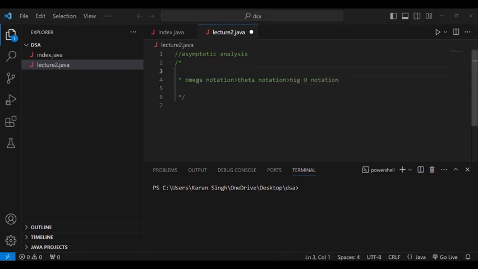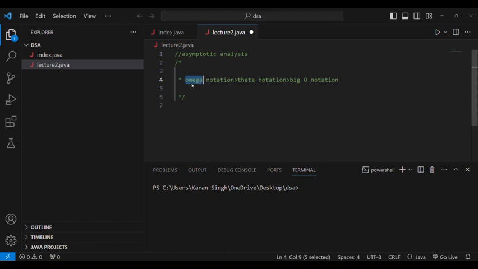We can remember it with a mnemonic: big O means big size, big time. So it takes the last position. Theta notation, assume that is medium coding, and the first one is omega. Omega is represented as power; it is not related to physics, but in computers this is the power.